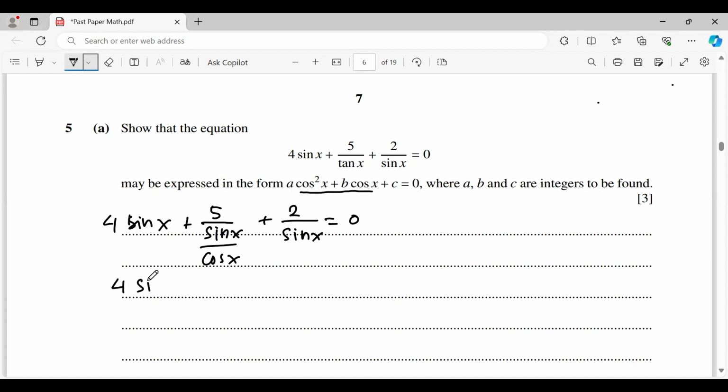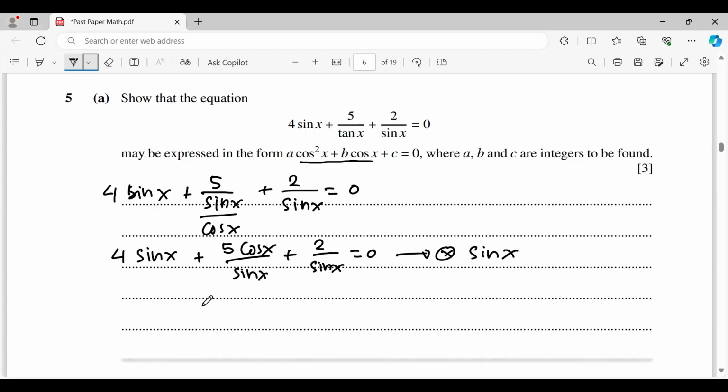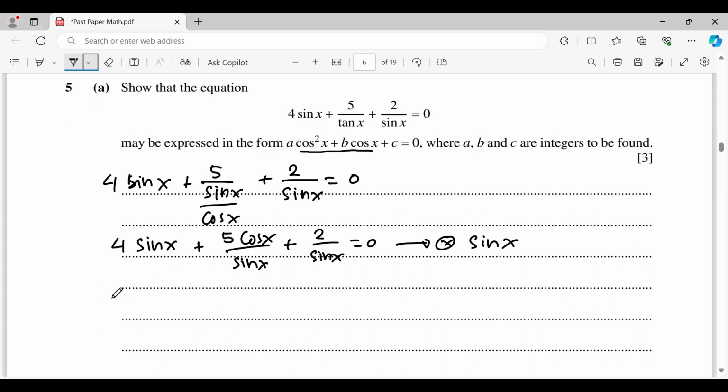And it becomes 4 sine x plus 5 cos x over sine x plus 2 over sine x equals 0. The next step, multiply by sine x, right? So this equation becomes 4 sine squared x plus 5 sine x plus 2 equals 0.